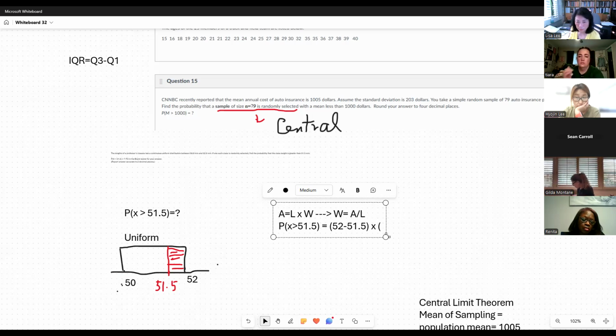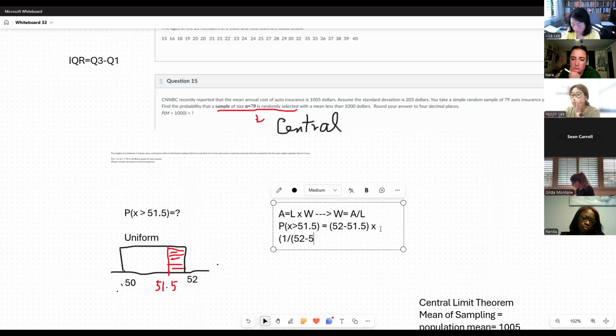For statistical probability applications we take the total area of the rectangle as 1. So take 1 divided by the length at the bottom, the total length of the interval. So it's 52 minus 50. That gives you the height of the rectangle. And multiply out, that will be the answer, right?